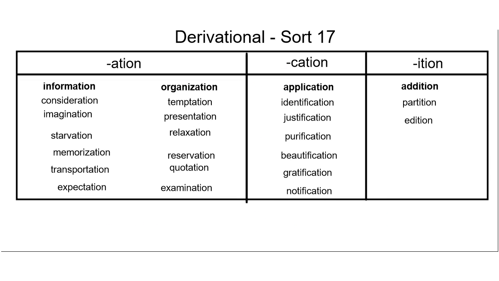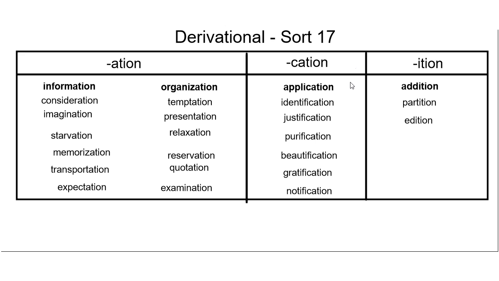Now that we've sorted our words based on the suffix, let's go ahead and start right here in the middle column to determine why cation is the suffix that's added to this column. When we look at almost all of the derivational sorts, we need to be very conscientious of what the root words are.